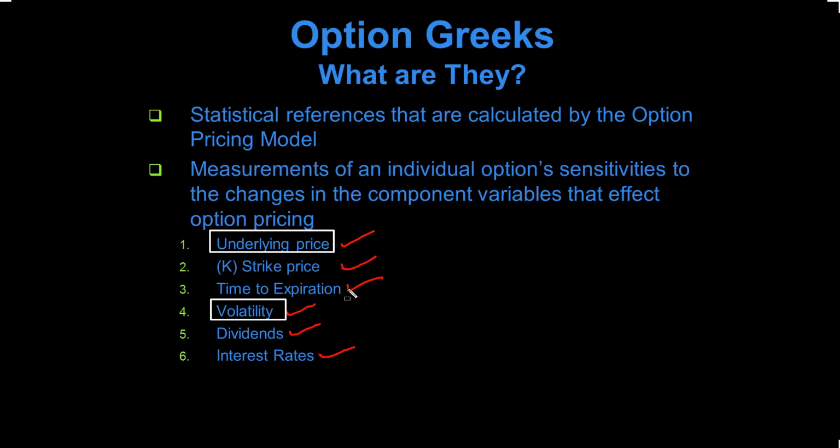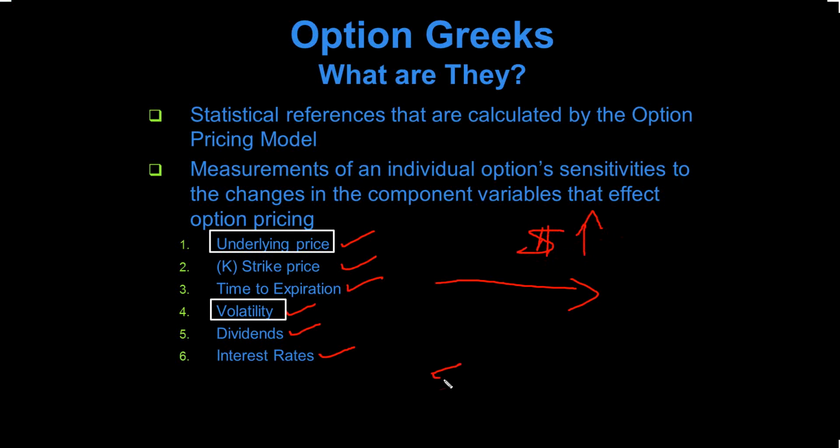Time to expiration. Well, we're going to go back into the option chain again, and we're going to lay these all out after we go through the Greeks. But time to expiration is a very simple concept. The further out in time you go, guess what happens to the option price? It goes up, both calls and puts. Why is that?